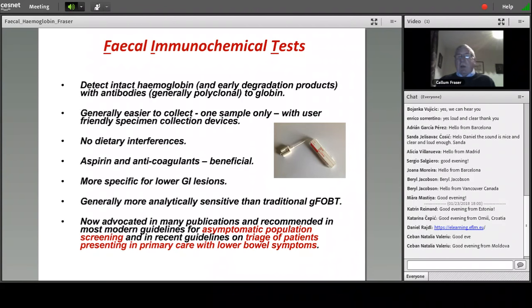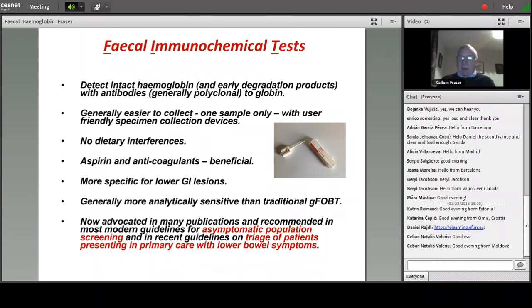Usually one sample only is required in contrast to the traditional test, and these are generally very easy to collect with user-friendly specimen collection devices such as this shown here. Because it uses antibodies specific to hemoglobin, there is no possibility of interferences from dietary constituents such as meat from other animals and so on.